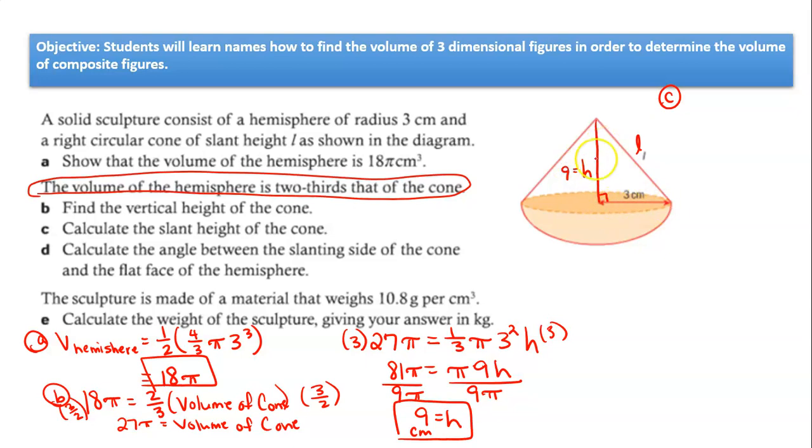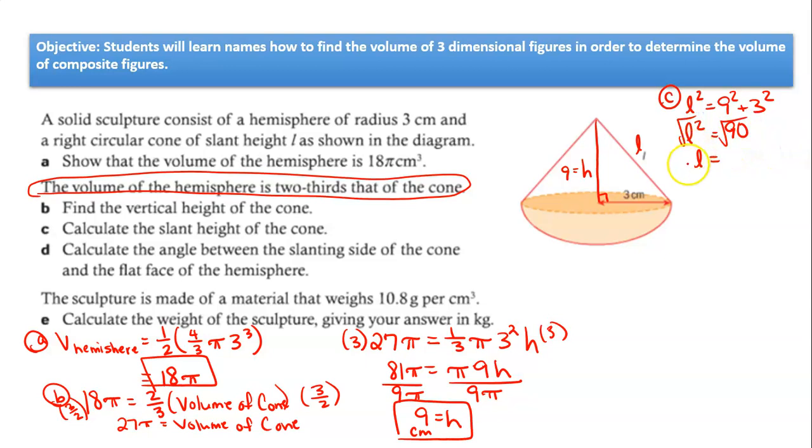So here we have a right triangle now, so we can easily identify what that slant length is by doing the Pythagorean theorem. So L squared equals 9 squared plus 3 squared. And then take the square root of both sides.